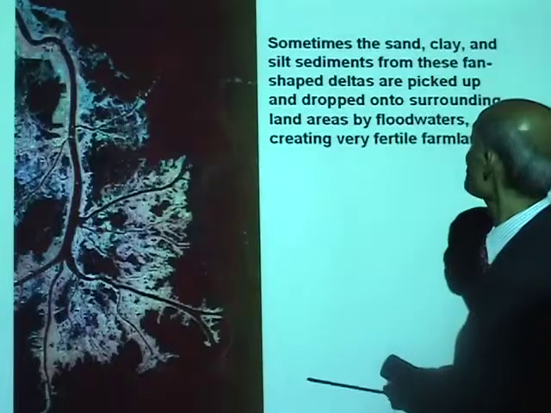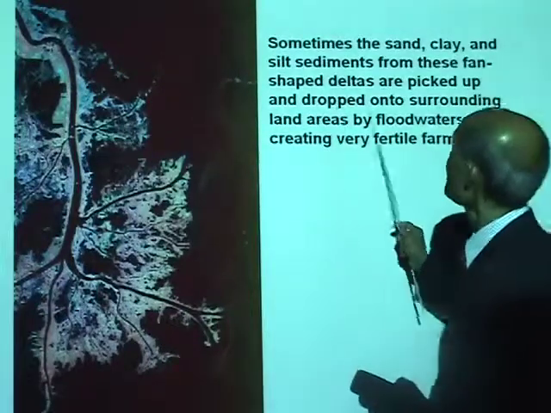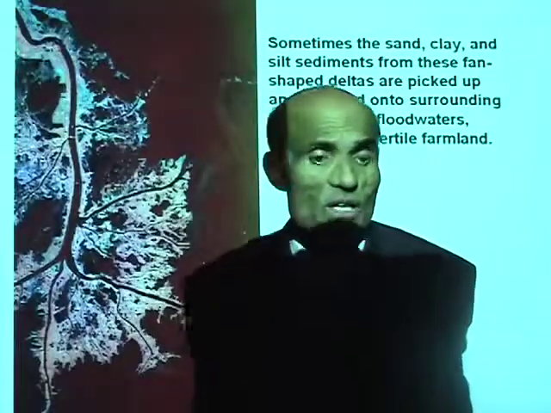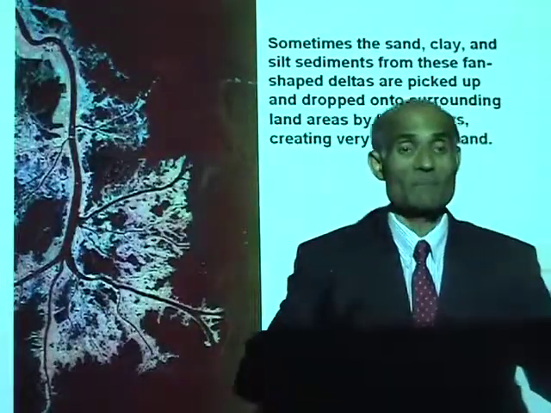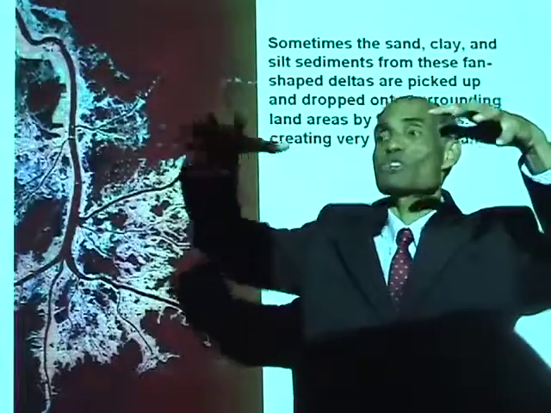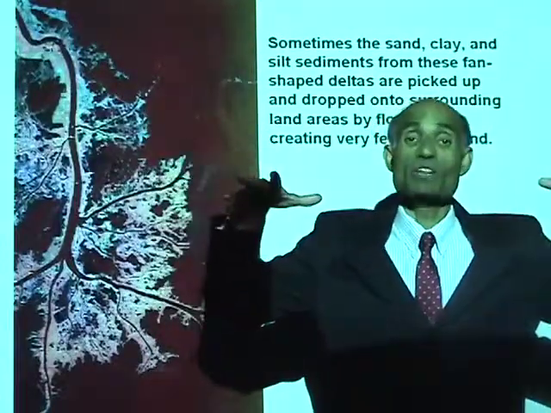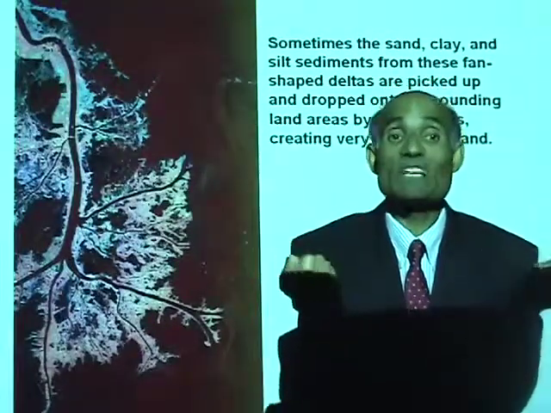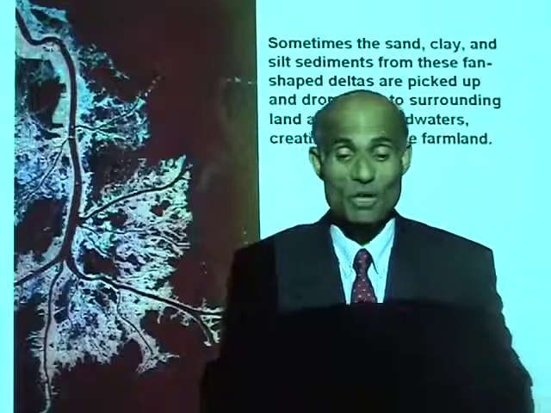So these fan-shaped deltas are picked up and dropped on the surrounding land areas. Now, when there is a flood, all this debris can be picked up and dropped in the surrounding areas. In fact, this is one of the ways surrounding areas are made fertile for the cultivation of crops.